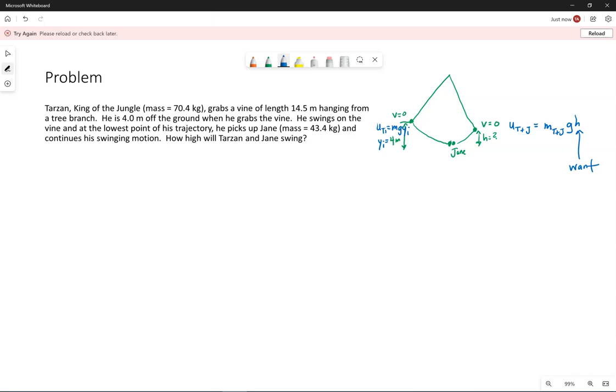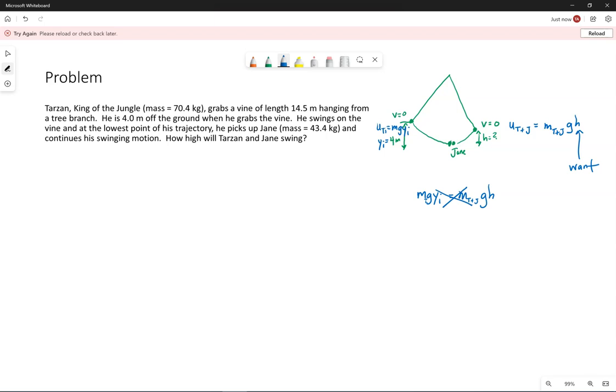Now, our first instinct is to say this potential energy Tarzan has initially is going to be potential energy finally. But that is not true.